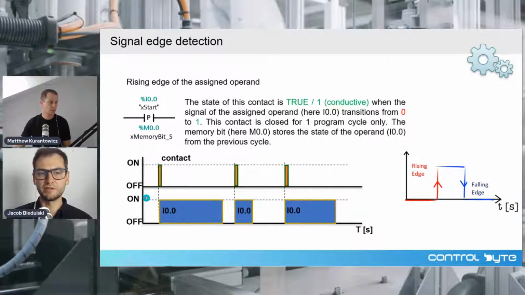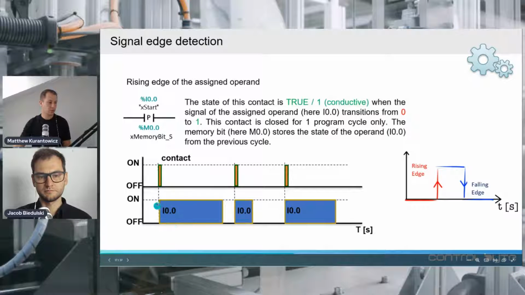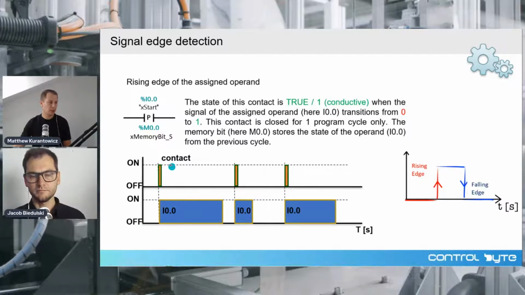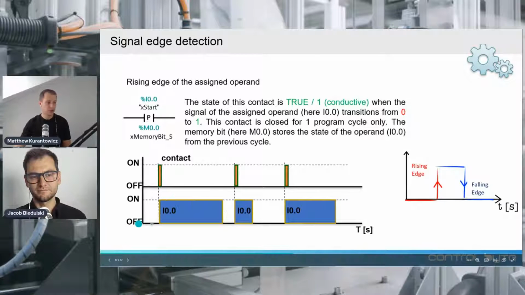So here you can use this instruction to detect the trigger on the assigned operand, and the other instructions can be used to detect the result of other operations. And what you need to remember is that you take a transition from false state to true state, and the contact for this instruction, this P contact, is closed for only one program cycle when the transition occurs.